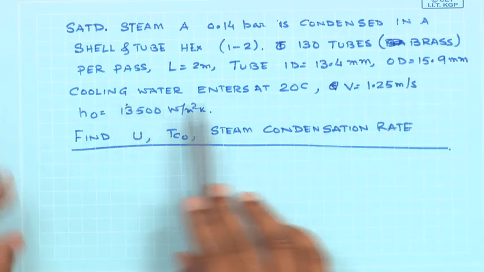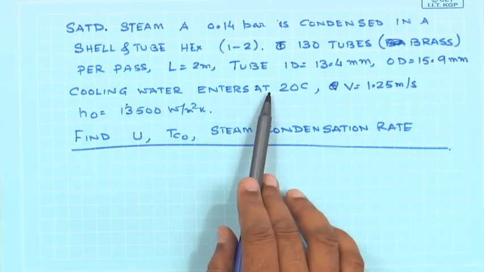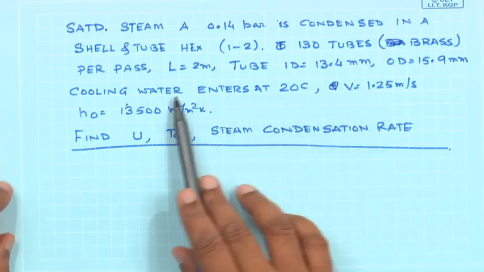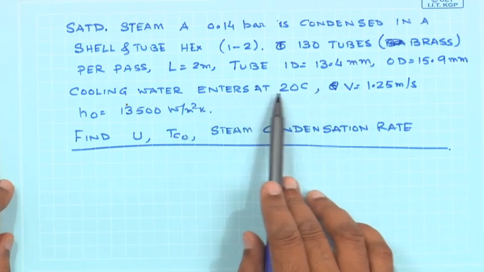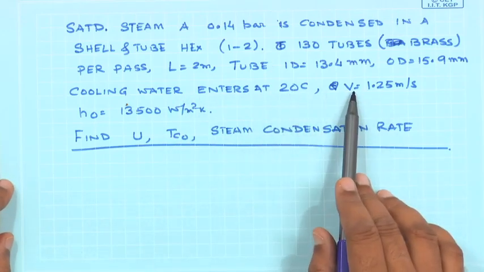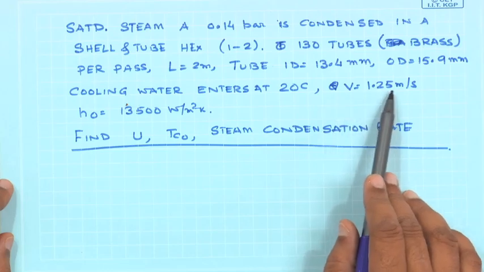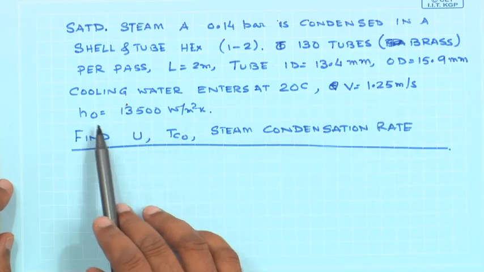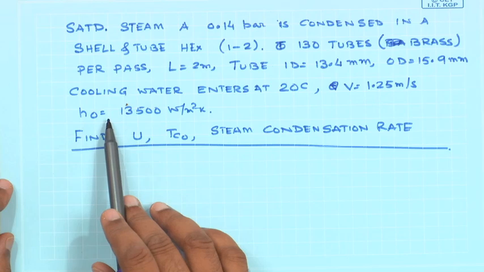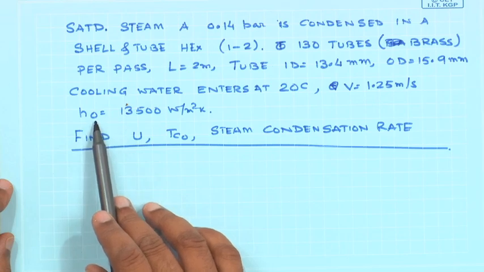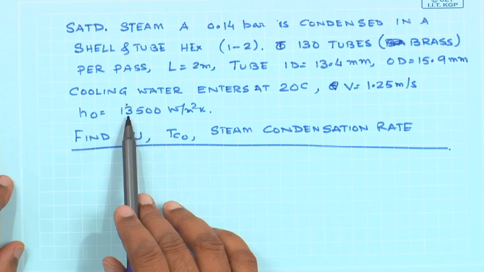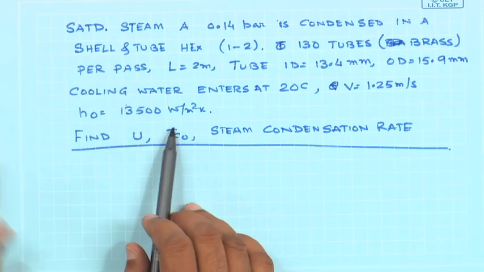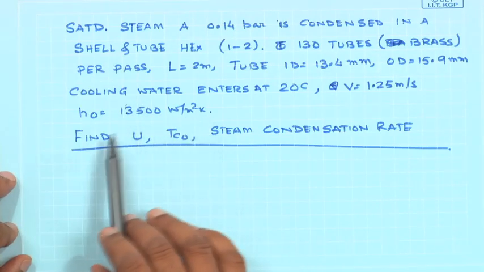The cooling water enters the tubes at 20 degrees centigrade with a velocity equal to 1.25 meter per second. The value of the heat transfer coefficient on the outside of the tubes is 13,500 watt per meter square Kelvin.